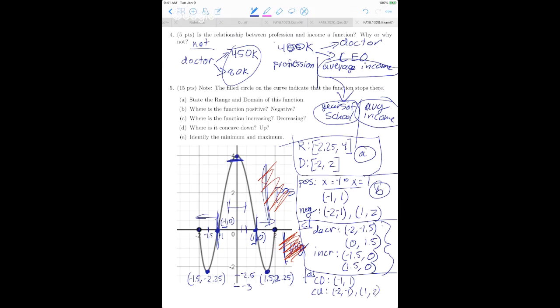All right. And part E, one more part. Identify the minimum and maximum. Well, just so we've done it all, let's go ahead and mark that top point, max, at (0, 4). Min.